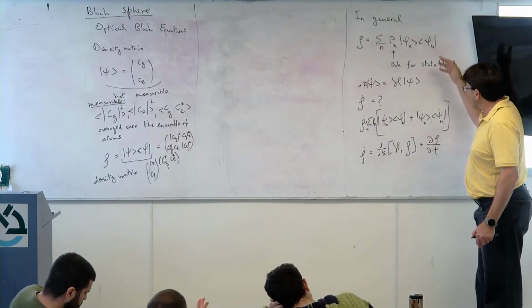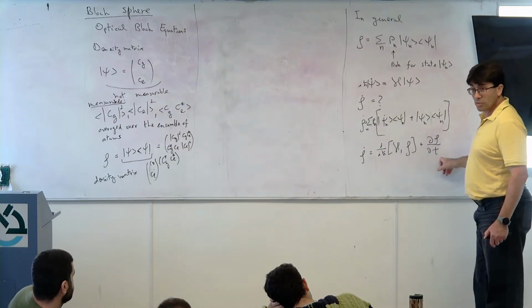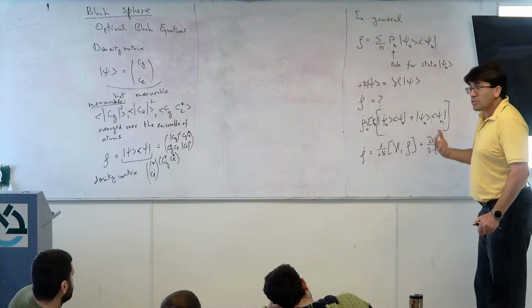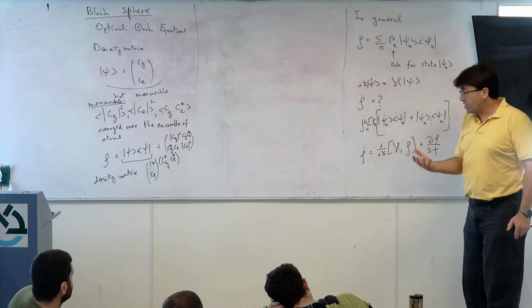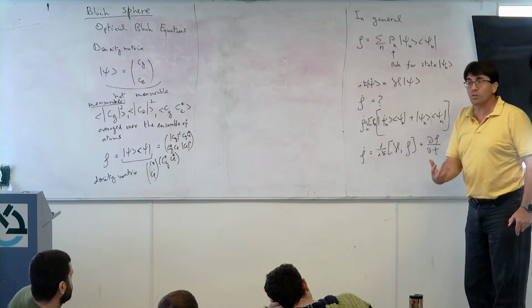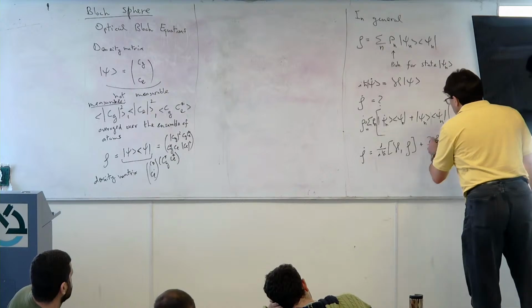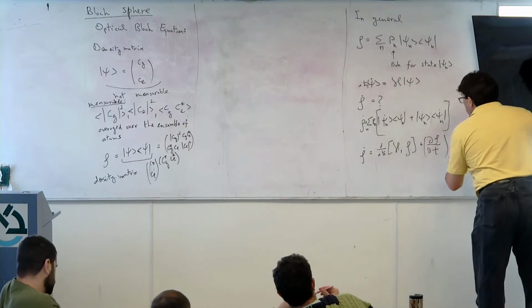Okay, assuming everything is known, then this is actually 0. But the point is that I don't know everything. This gives me a way to model the unknown parts of the Hamiltonian. So this is phenomenological.